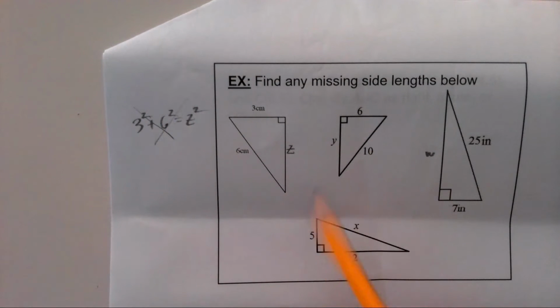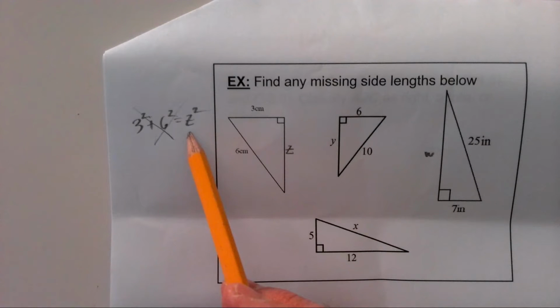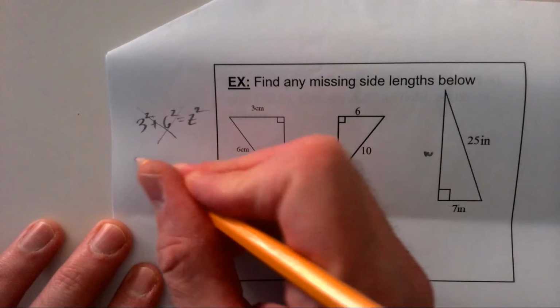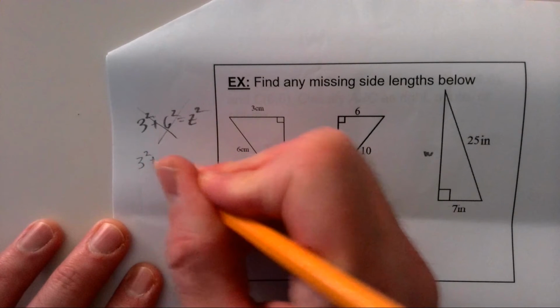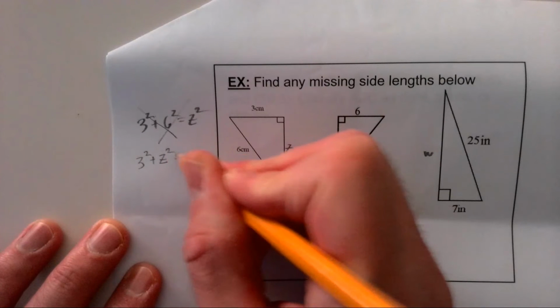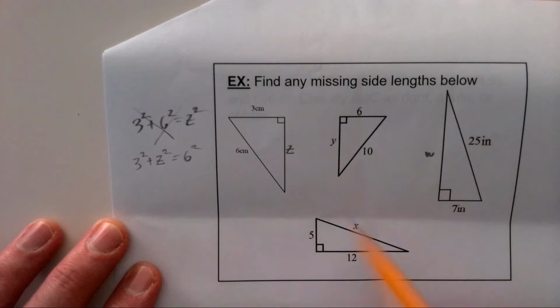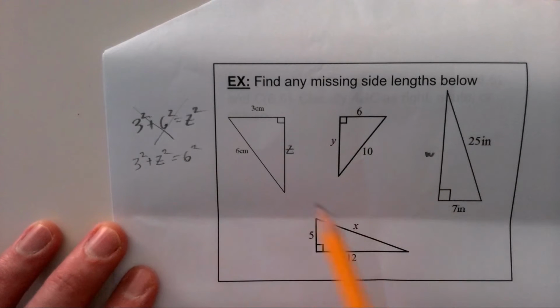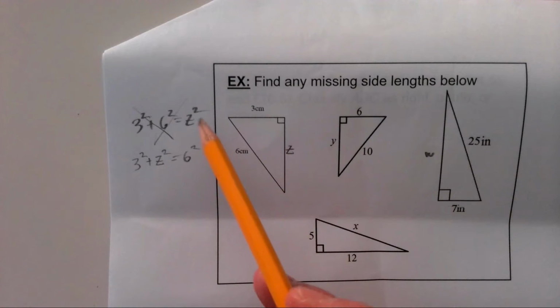It's not correct because the hypotenuse is the length that should always be on its own in this equation. So the correct equation should be something like 3 squared plus z squared equals 6 squared, because 6 is your hypotenuse, so that should be on its own. That's going to give you a totally different solution if you don't have the right equation.